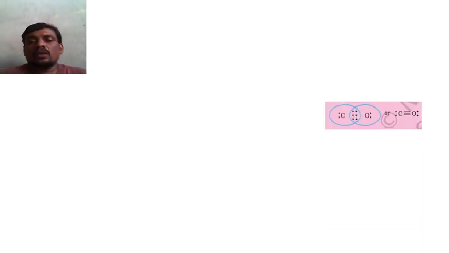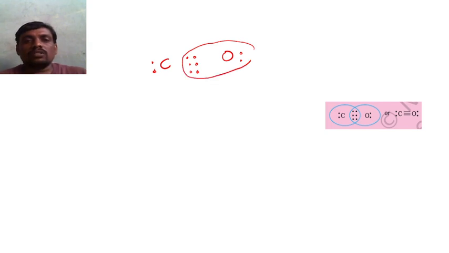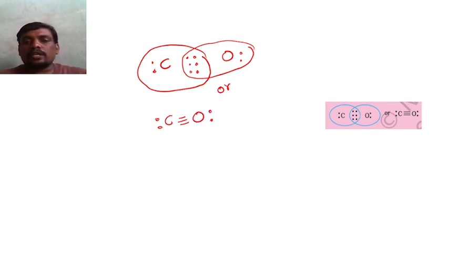If you carefully see carbon here, 3 pairs of electrons are going to be shared with the oxygen, hence it follows the octet rule. This kind of octet rule helps to form a triple bond. Why? Because 3 pairs of valence electrons are shared between the 2 atoms. As a result, 3 bonds are going to be formed here. So you can see clearly how a triple bond generally looks.